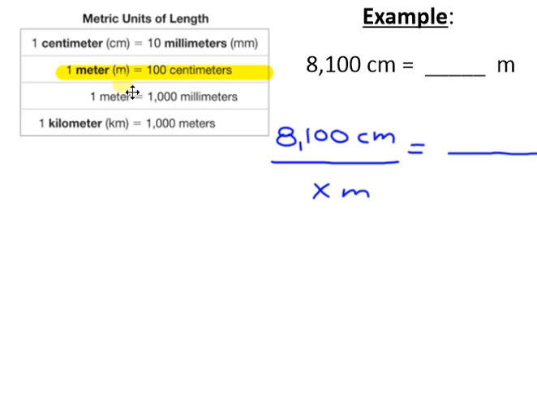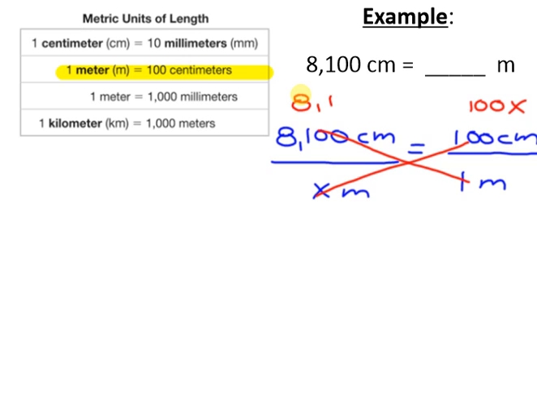So we have 1 meter equals 100 centimeters. So 1 meter is going to go on the bottom because I had meters on the bottom, and 100 centimeters is going to go on the top because I had centimeters on the top. So x times 100 is 100x, and then 8,100 times 1 is 8,100.